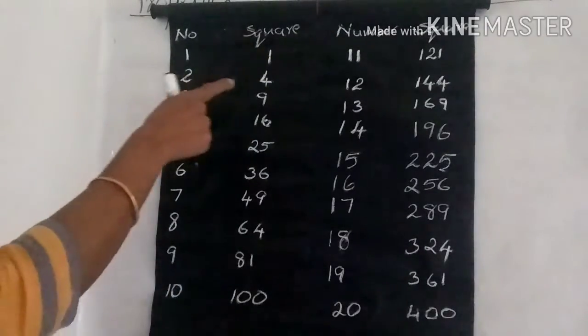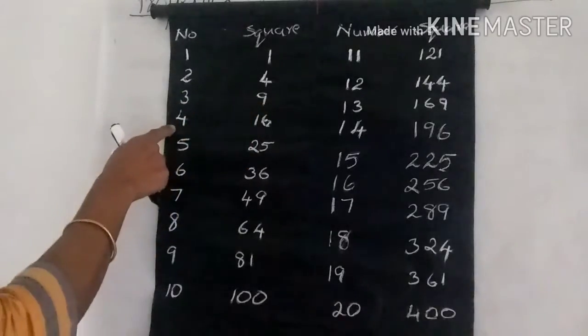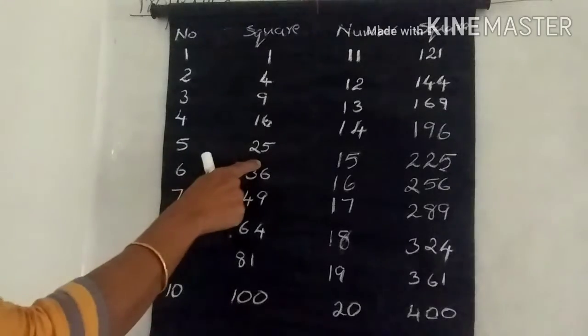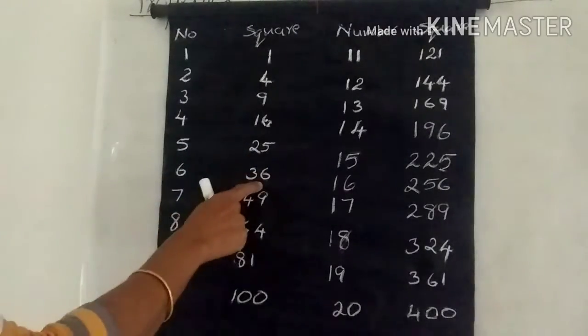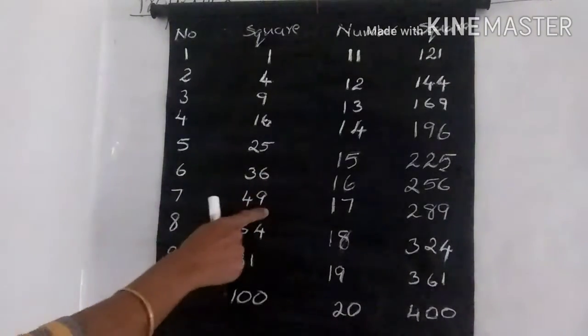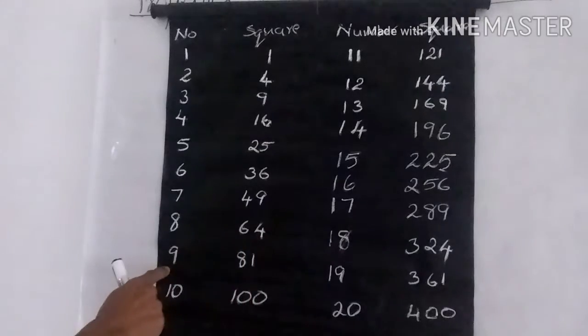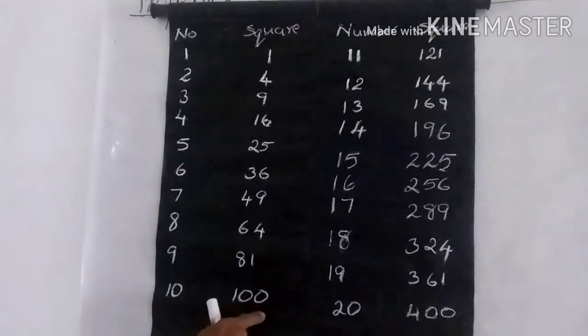Square of 2 is 2 into 2, 4. 3 square, 9. 4 square is 16. 5 into 5, 25. 6 sixes are 36. 7 sevens are 49. 8 square, that is 64. 9 square, 81. 10 square, 100.